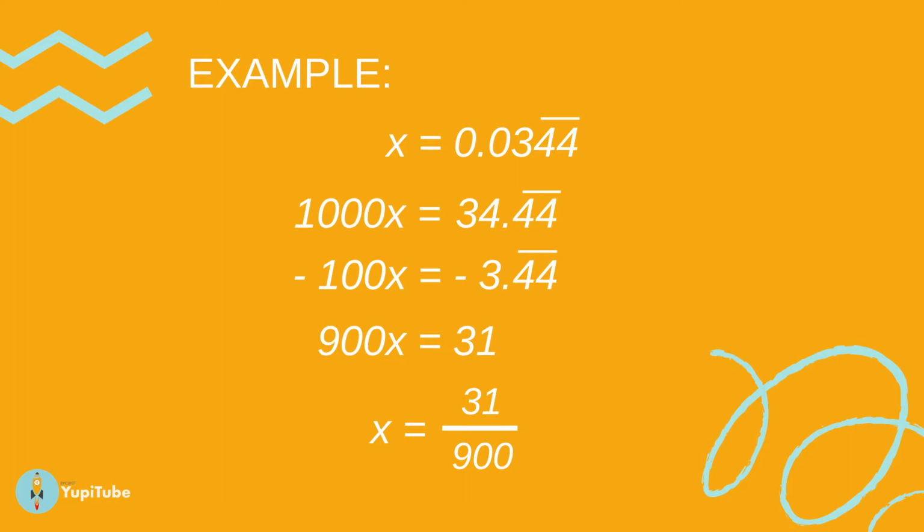So 1000x minus 100x is equal to 34.44 minus 3.44. That will lead us to 900x is equal to 31. Now let's divide both sides by 900. We will have x is equal to 31 over 900.